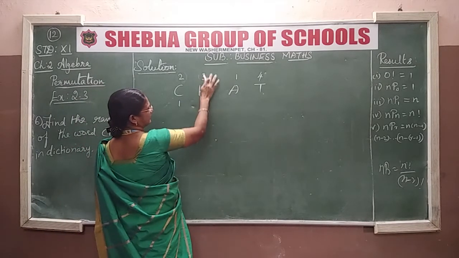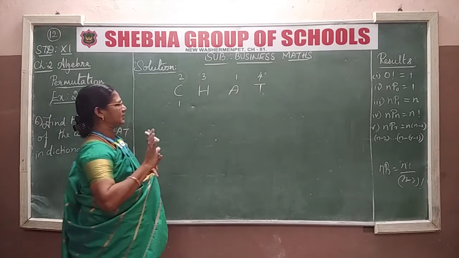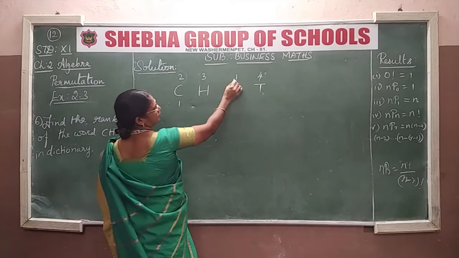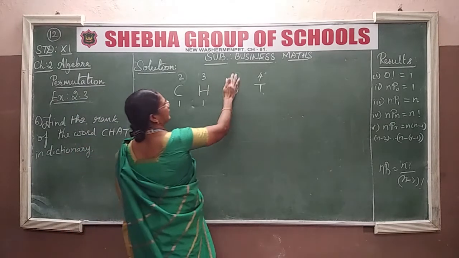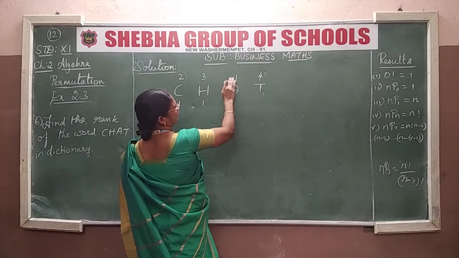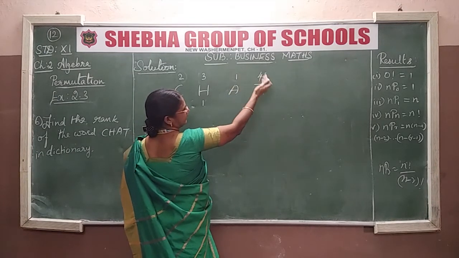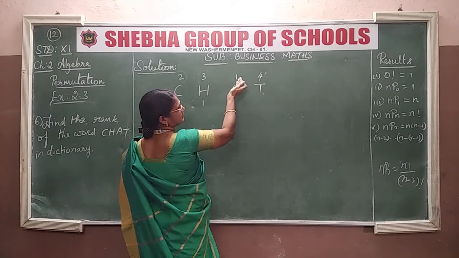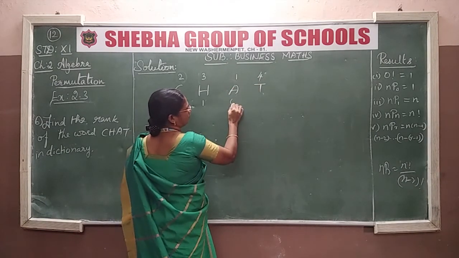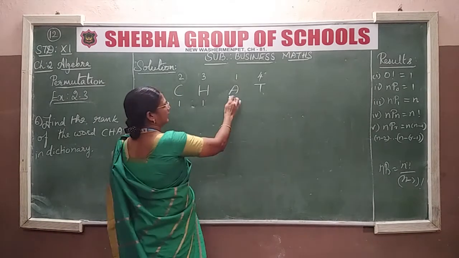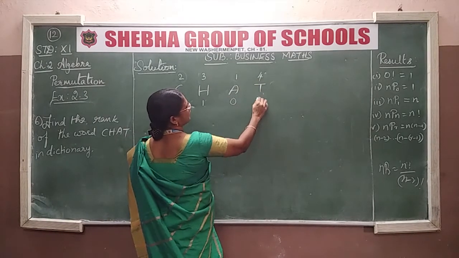H is 3, isn't it? On the right-hand side of 3, how many numbers are less than 3? First find. So only 1. So put 1. Next, take A. We put 1 for A, and on the right-hand side of 1, how many numbers are less than 1? There is no number less than 1, isn't it? So we put 0. And next 4, after this no number is there, so we put 0.